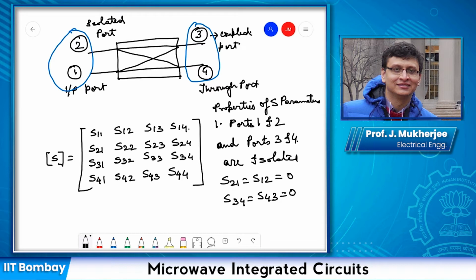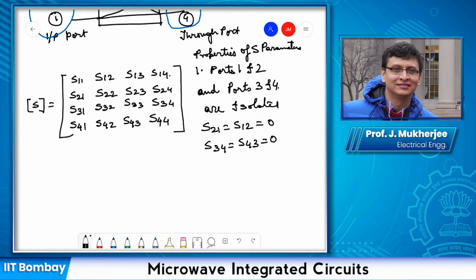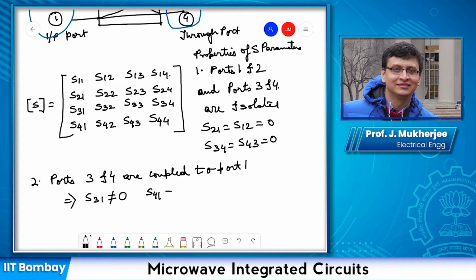The second property is that ports 3 and 4 are coupled to port 1. So this implies S31 not equal to 0, S41 not equal to 0, S13 not equal to 0, and S14 not equal to 0, right?